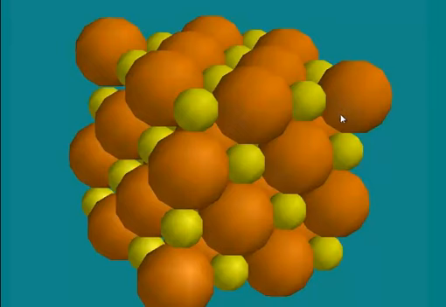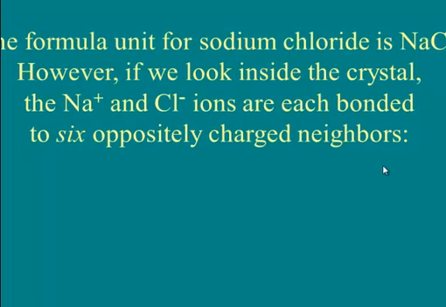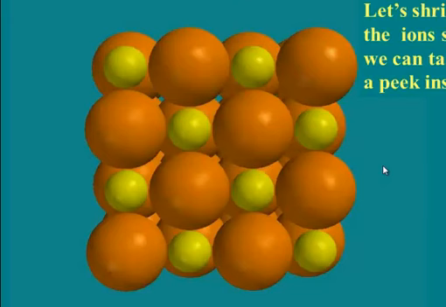The formula unit for sodium chloride is NaCl, and if we look inside the crystal, each sodium ion and chloride ion is bounded by 6 oppositely charged neighbors. So let's shrink the ions so we can take a peek inside.